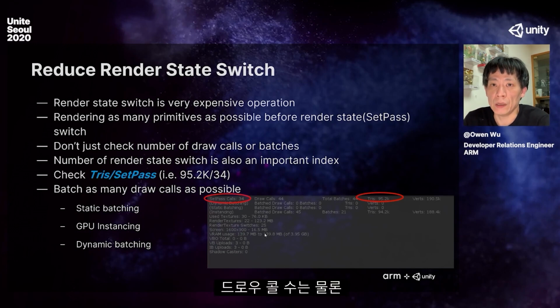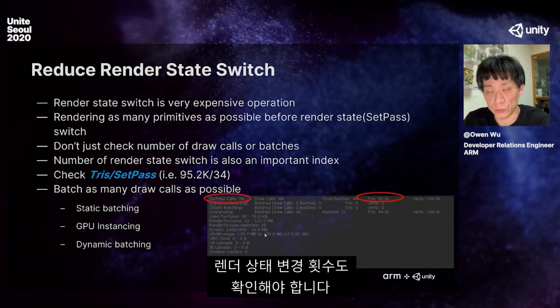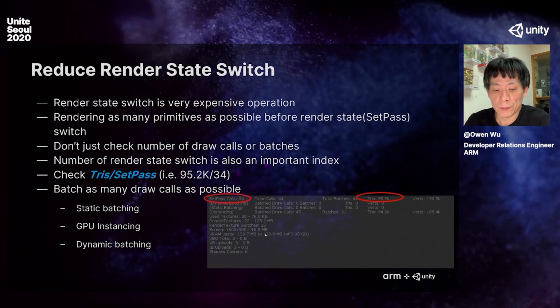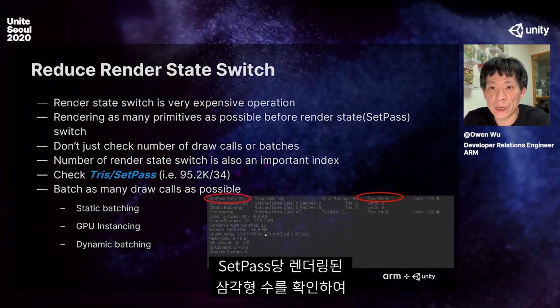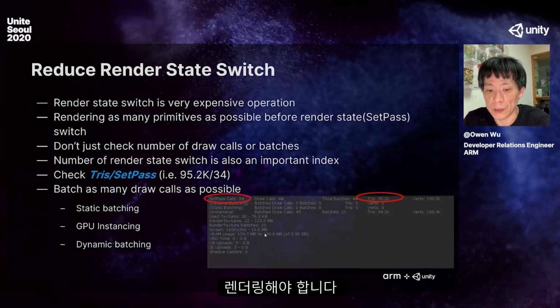So remember, not only check the number of draw calls, but also check the number of render state switches as well. And you can check how many triangles are rendered per set pass to make sure you render enough triangles before a render state switch.